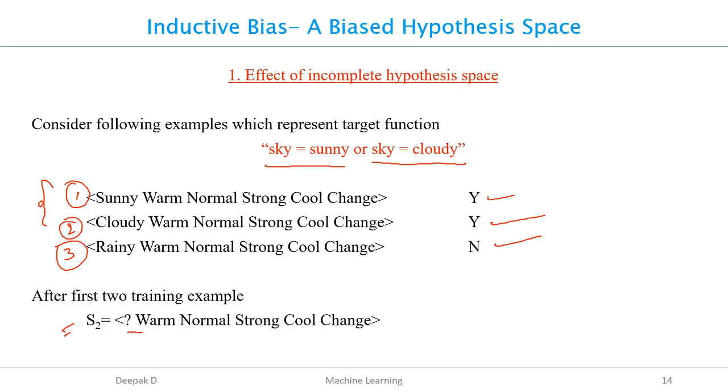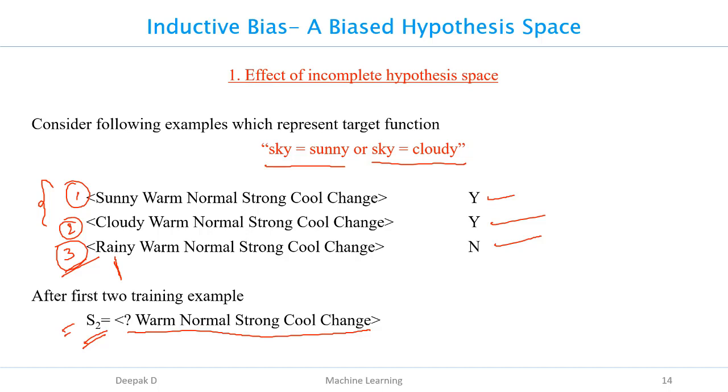S2 as this hypothesis. So you can see that when I compare the third instance with S2, this S2 will classify the negative instance as a positive instance.